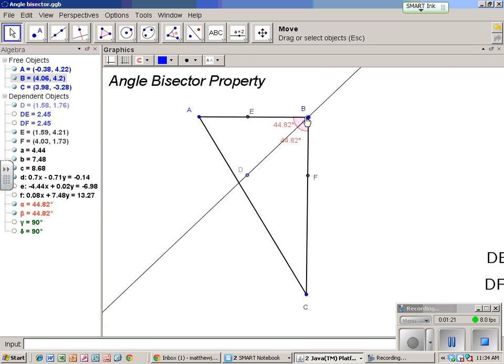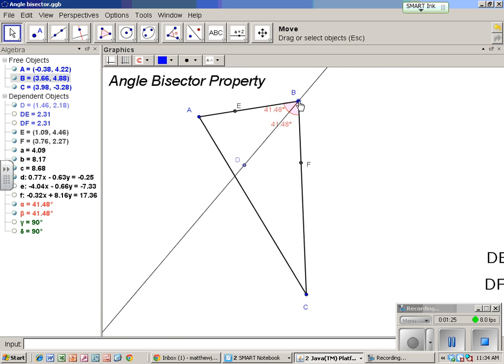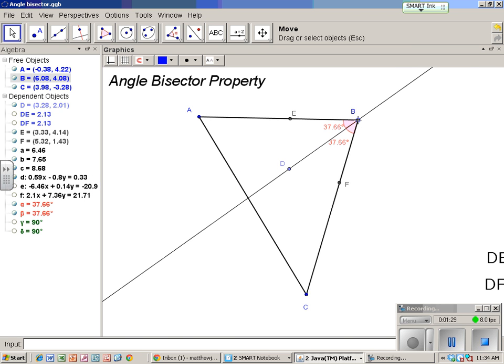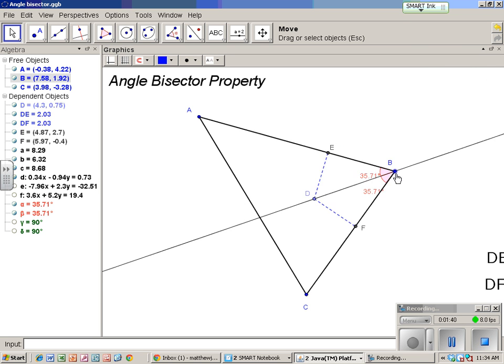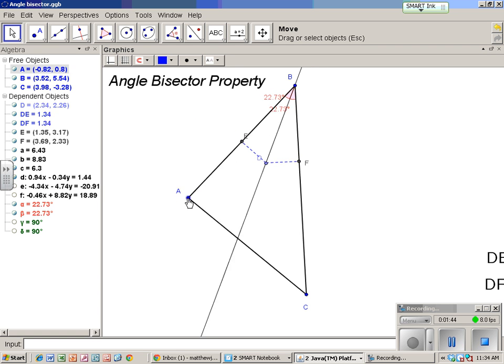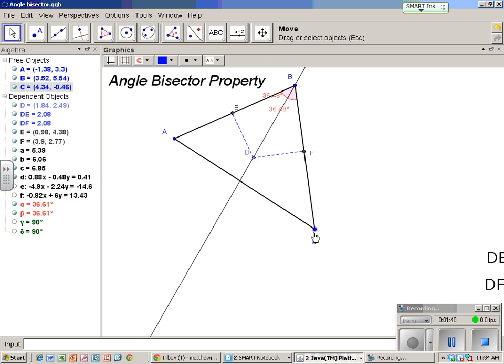Now, the property of an angle bisector, by moving this around, it's not clearly obvious. But if I draw in this segment and this segment, DE and DF, as I move around, you should start to see that those two segments are always looking the same.